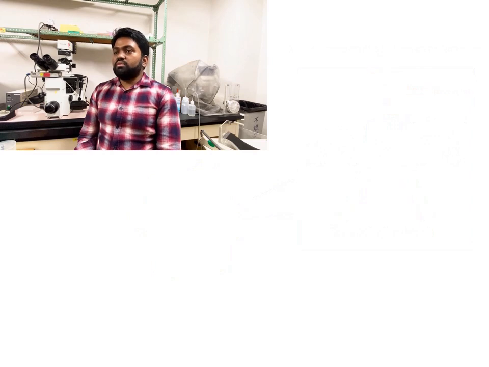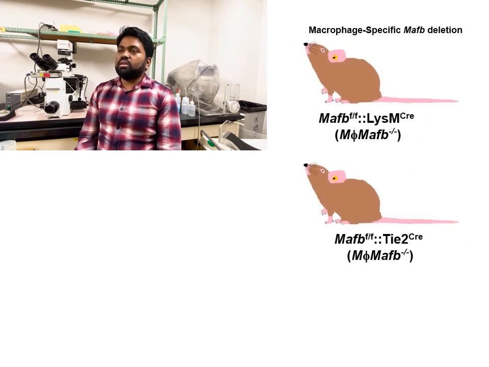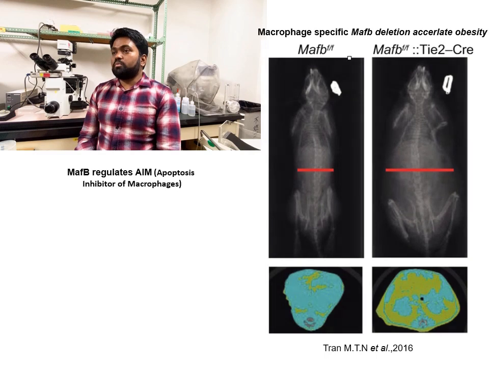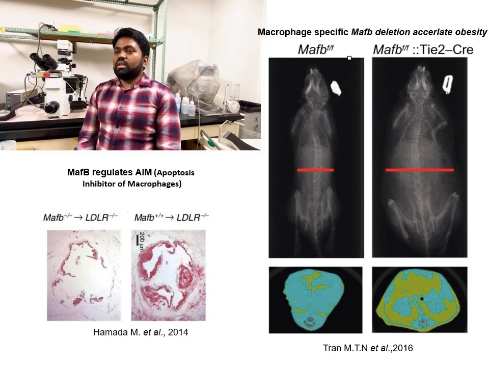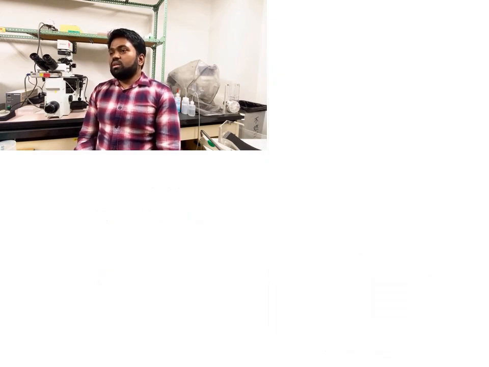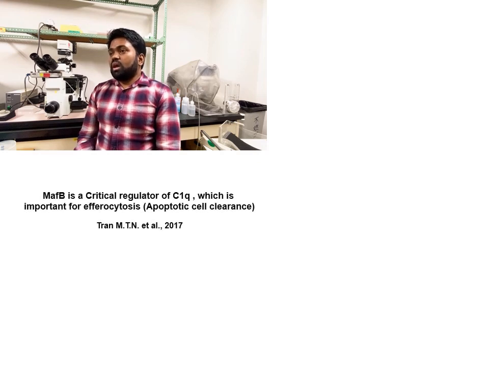We used macrophage specific deletion of MAFB in mice and identified the role of MAFB in macrophages; the downstream of MAFB, which is AIM, apoptosis inhibitor of macrophage, regulates metabolism and atherosclerosis condition. We also reported another important downstream of MAFB, that is C1q, and its regulation in macrophages affects apoptotic cell clearance.